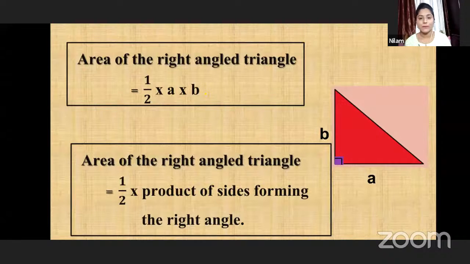This is the formula which we got from the basic formula of the area of a rectangle or square. Children, I hope you are understanding how we derive the formula of the area of a right angled triangle, which is half times the product of the sides forming the right angle.